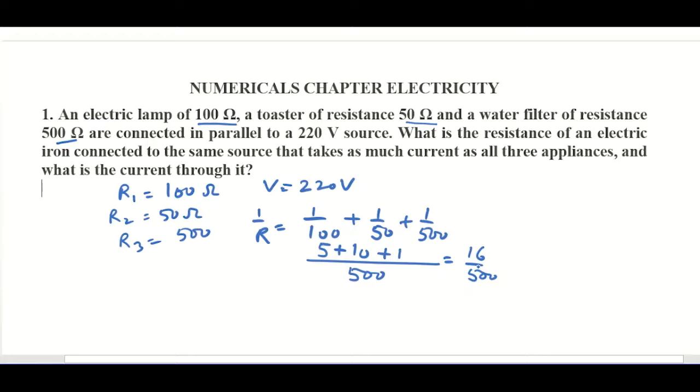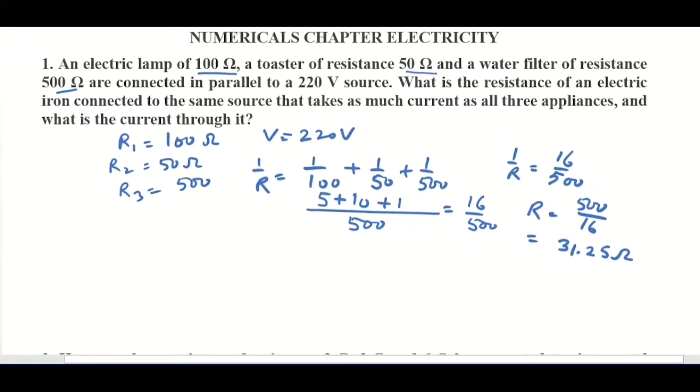This is 1 upon R. We need to calculate R, and R is equal to 500 upon 16. Convert it into decimal, you get 31.25 ohm. So total resistance is equal to 31.25.